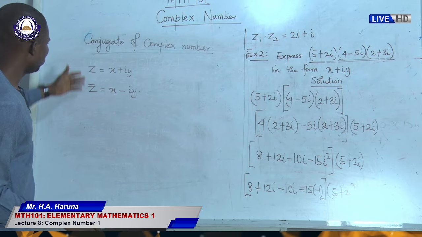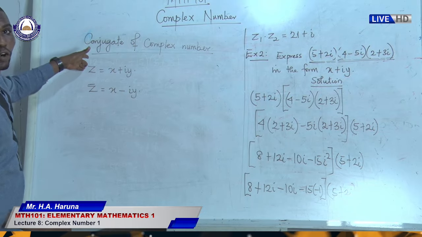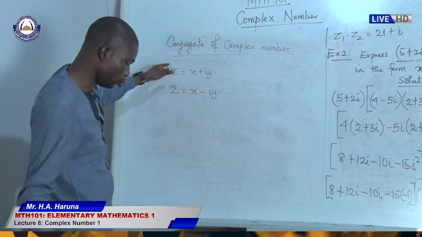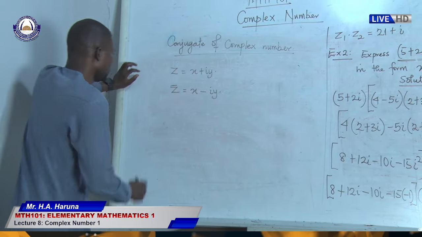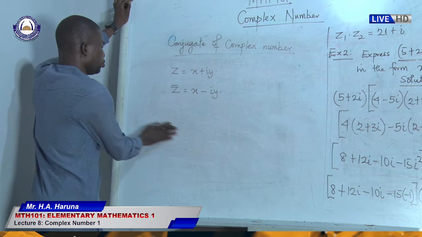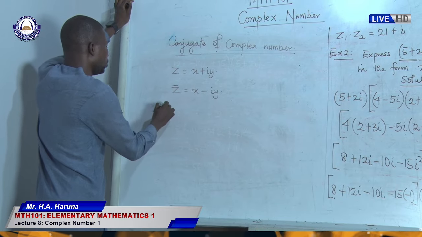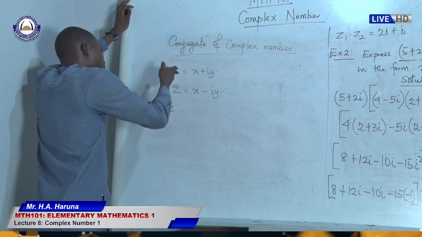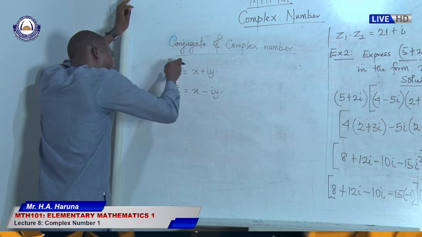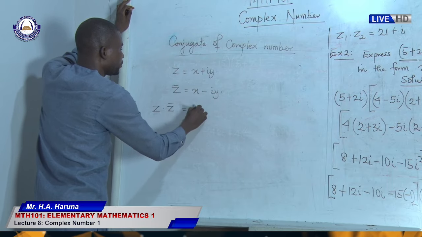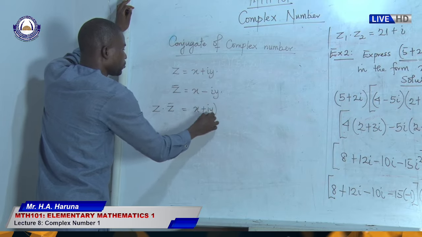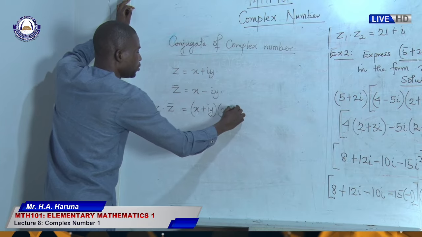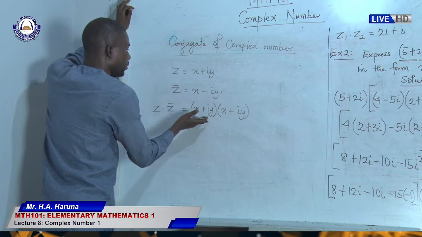So you can multiply a complex number by its conjugate. Yes, we do that a lot. So you have z dot z bar. Let's multiply these 2 together, because this is the conjugate of this complex number. So you have x plus iy into x minus iy, because we want to multiply by its conjugate.